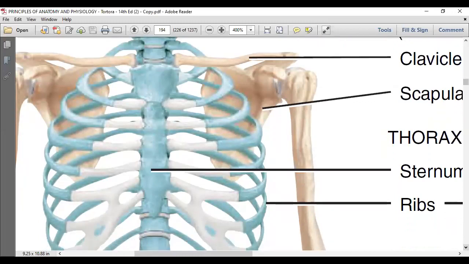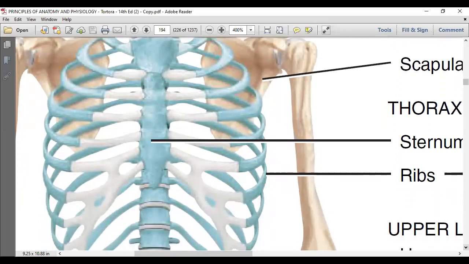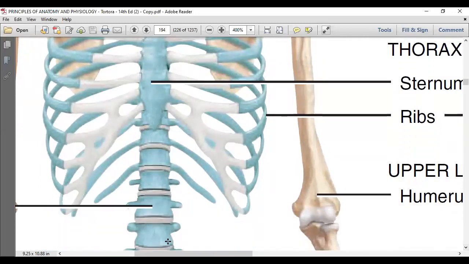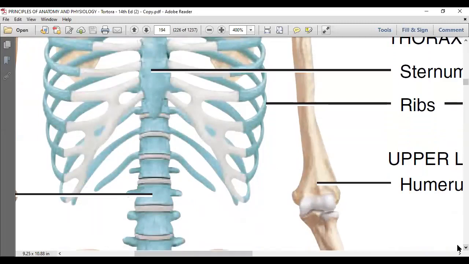What do you call that white portion? Hyaline cartilage. Seven ribs are attached to the sternum. Ribs 8, 9, 10 attach to the seventh one, and 11 and 12, you can see, are free. If you look in Zoom, you can understand. And the intervertebral disc between the vertebrae you can also see clearly here.